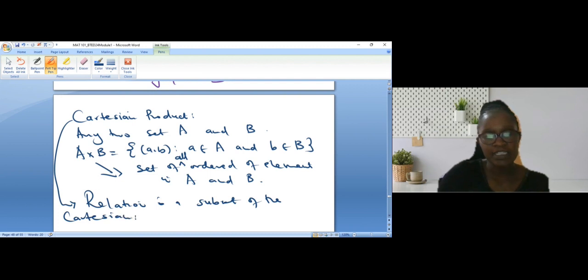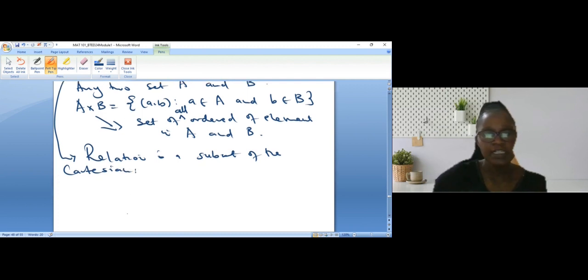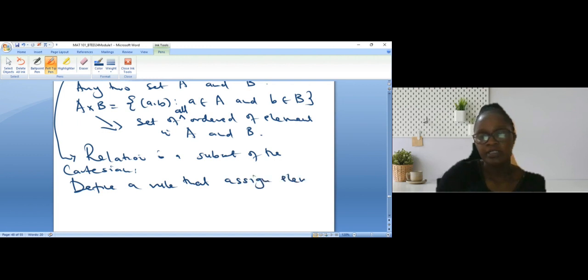So you define a rule that assigns elements of the set A to the set B. So you have a certain rule.